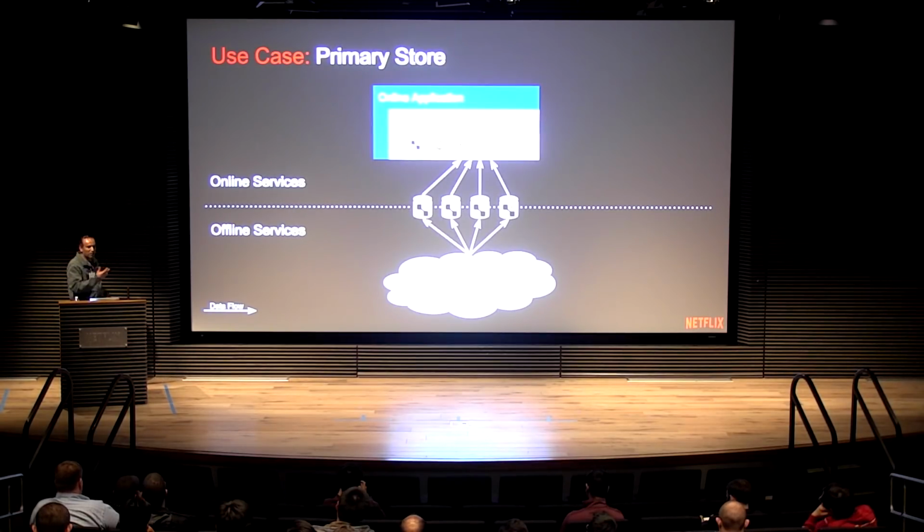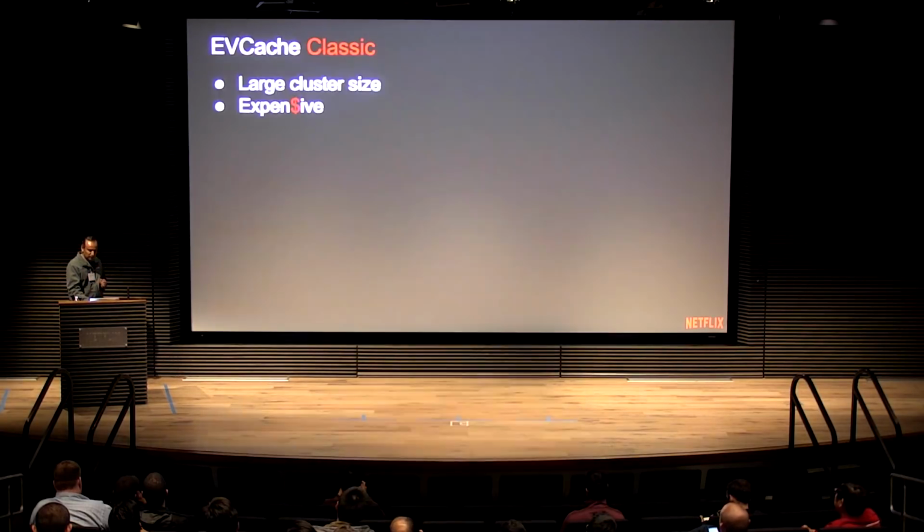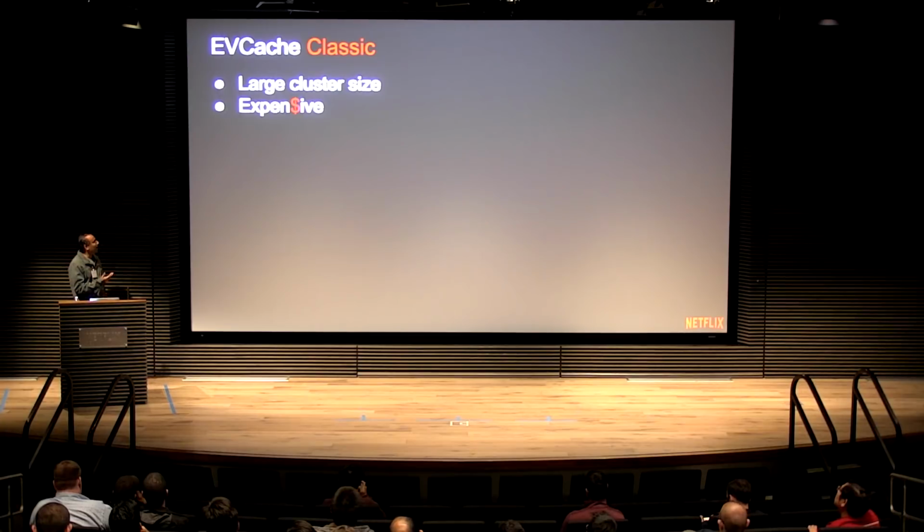And since we do a lot of computations, this data that we need to store can be pretty huge. When we started EVCache, which we now term EVCache Classic, all the data was stored in memory. That means the cluster sizes were pretty large if you wanted to store data for millions and millions of users, which meant this could become very expensive.